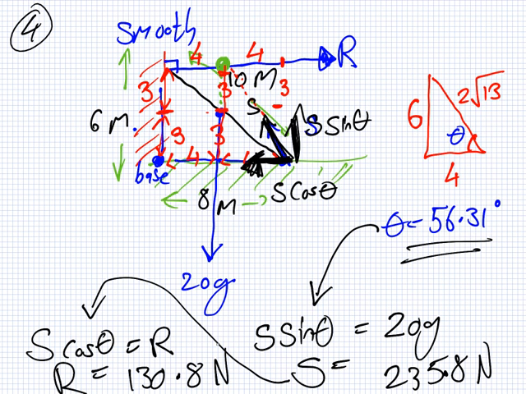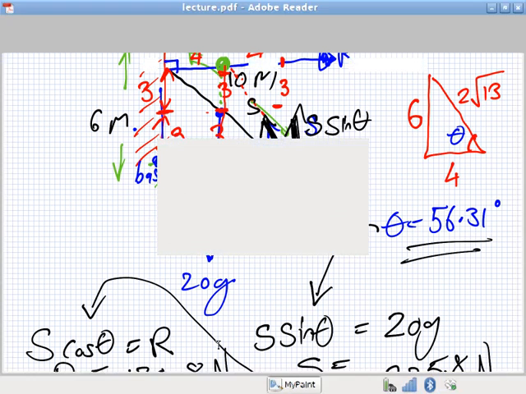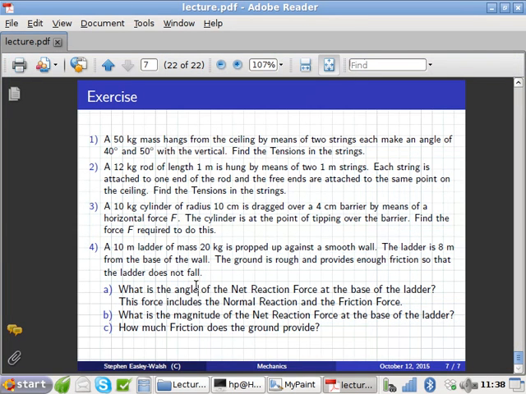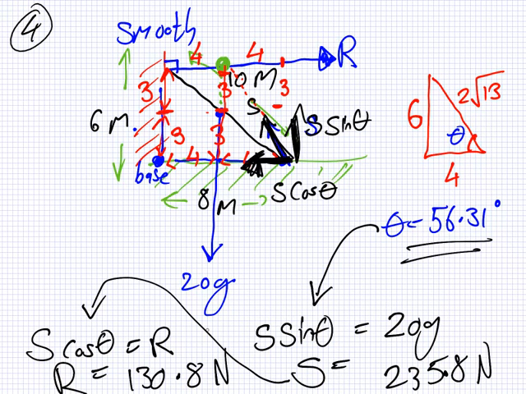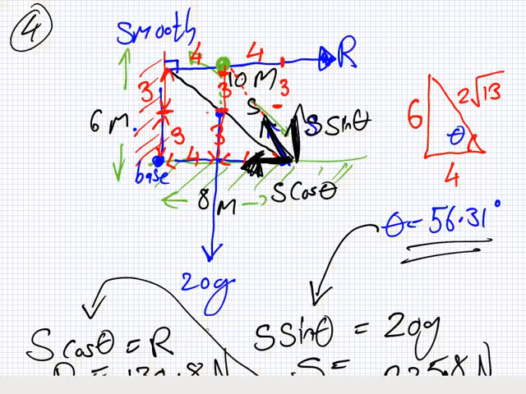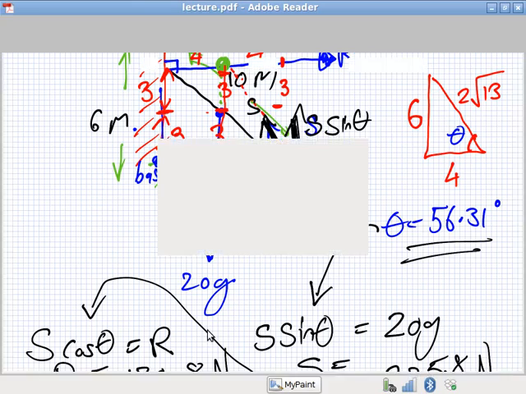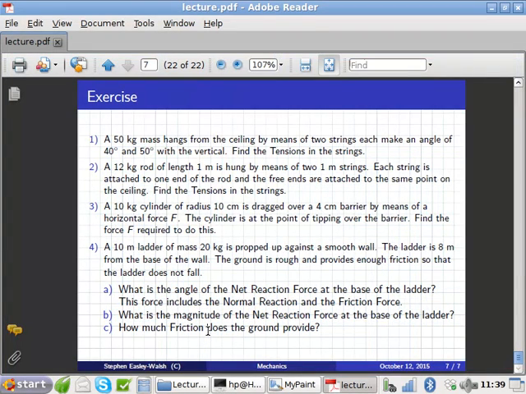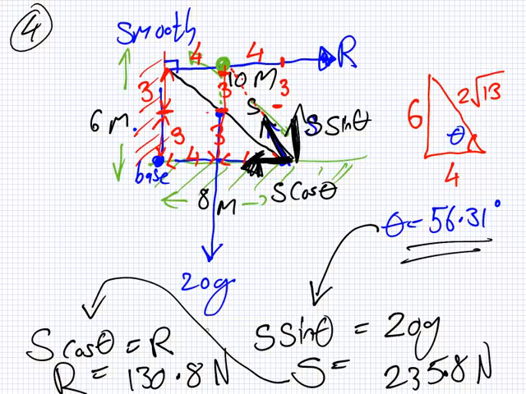Now let me have a look at the question again. The first part was the angle, and then the magnitude, which I have, and now the friction. What is the angle? The angle was 56.31. What is the magnitude of the reaction force at the base of the ladder? That's the S. I got that.